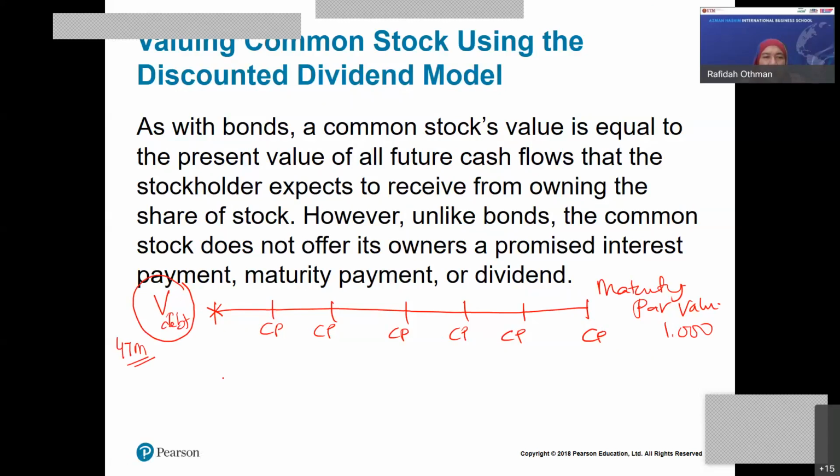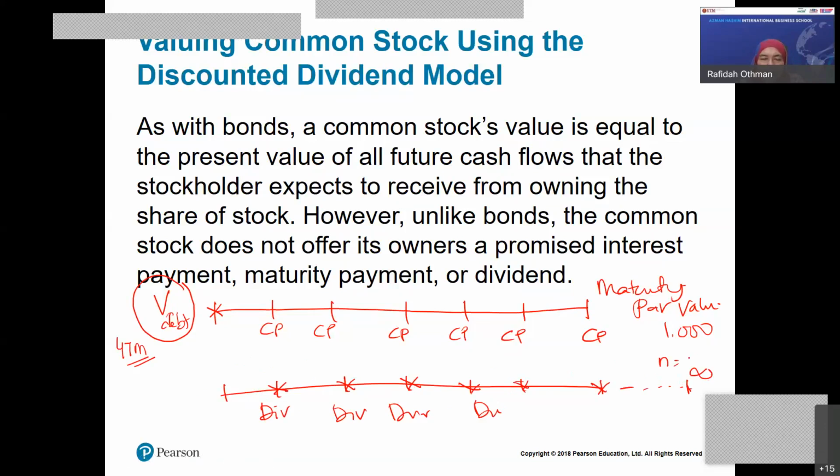So for common stocks, this dividend is not fixed. And n is infinity, because we don't know, n is unknown.